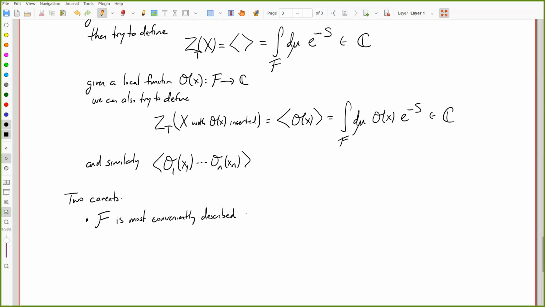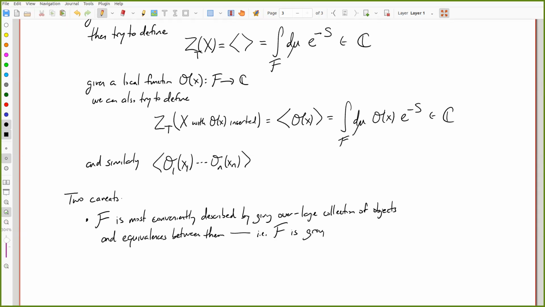It's conveniently described by giving an overlarge collection of objects and then a bunch of equivalences between them. Physicists would describe this by saying you have to mod out by the gauge group. But another way of saying it, which I think is even slightly better, is to say that F is a groupoid rather than a set.